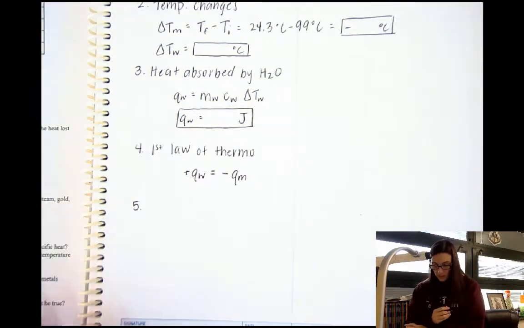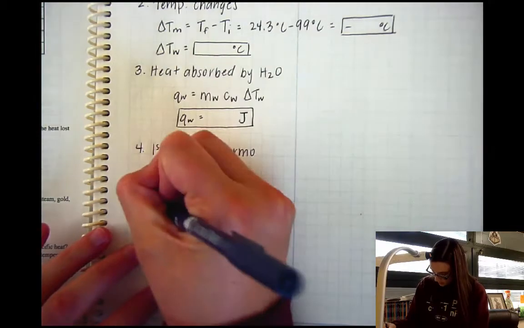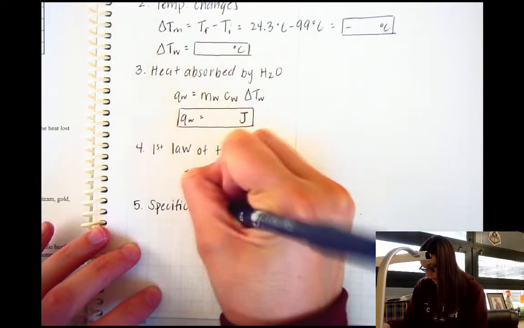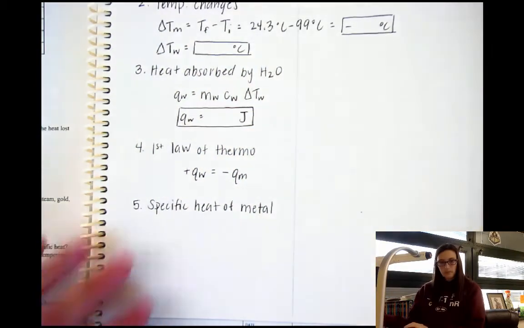So number 5 says rearrange the heat equation. Heat equation is MC delta T. And solve for the value of C, the specific heat of the metal. So I'll label my calculation specific heat of metal.